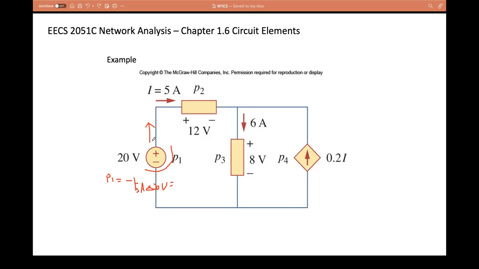If the current is going in to that element from the positive terminal, then that current is positive. So we can assign this direction for the whole circuit, for the whole system, for calculation. Later, after we calculate all of the elements' power, we can see it really makes a closed loop.